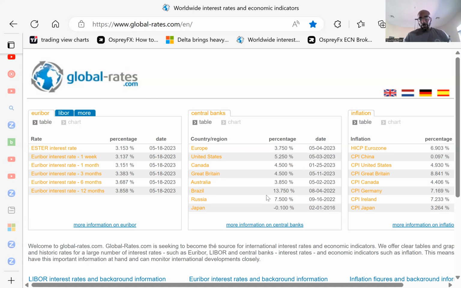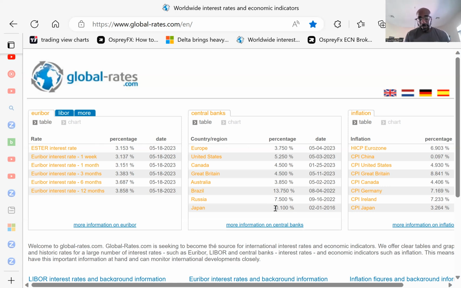The JPYs. If you look at the Japanese yen, it's negative 0.1, right? You're not getting anything for your money. But the reason why people like the Japanese yen is it's considered a safe currency, right? So if you have uncertainty in the world, anytime there's a war, anytime there's a collapse, and when I say collapse, I mean major companies or banks collapsing, the Japanese yen gets very strong.